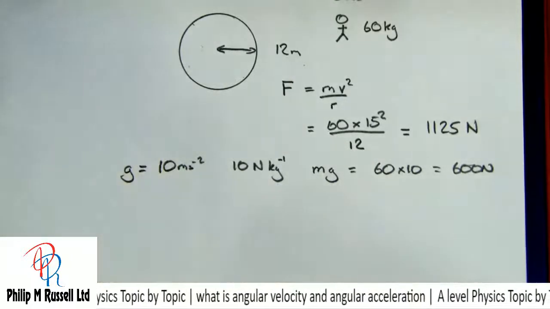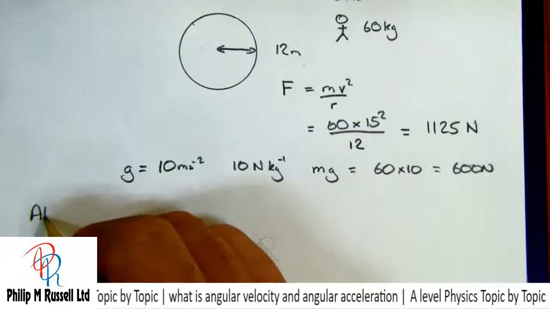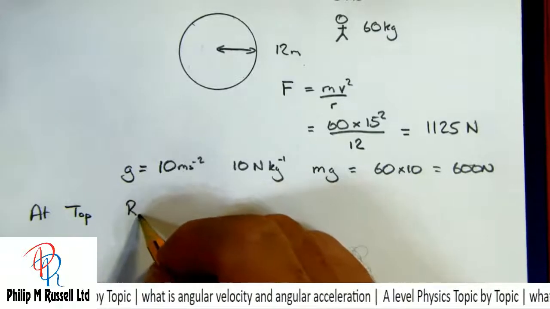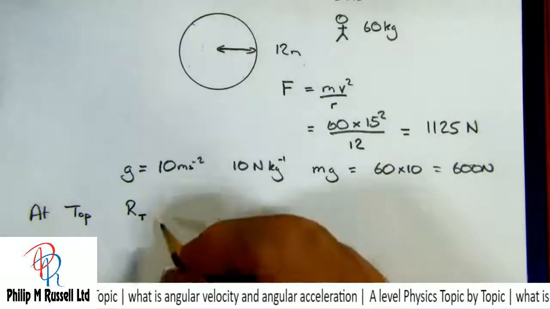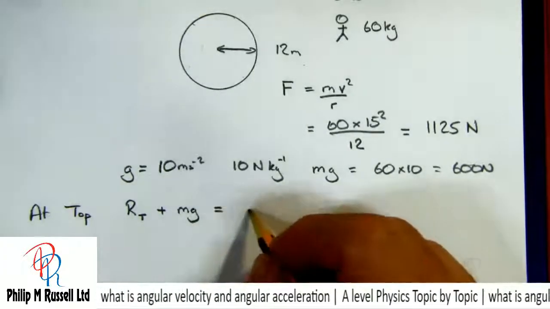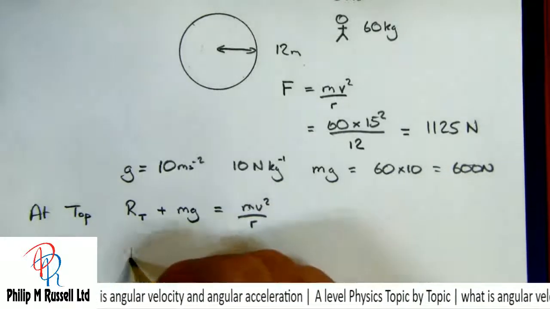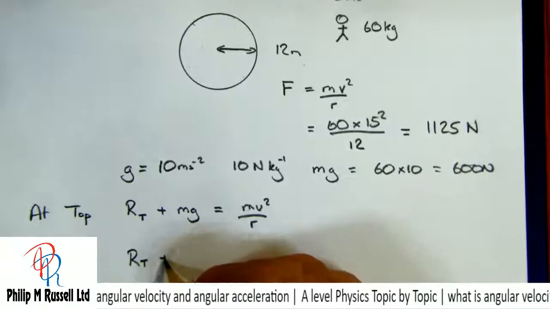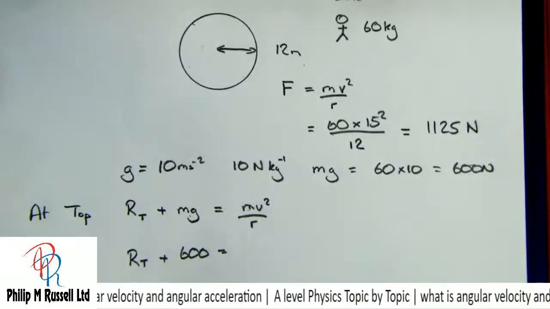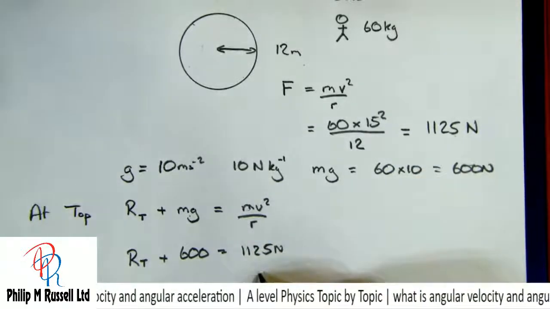So from what we worked out at the top, my contact force at the top was added to mg, and that equaled mv squared over r. So my contact force here plus my mg, which was 600 newtons, equals 1125 newtons from up there.